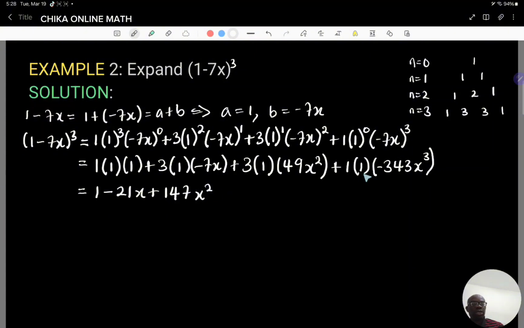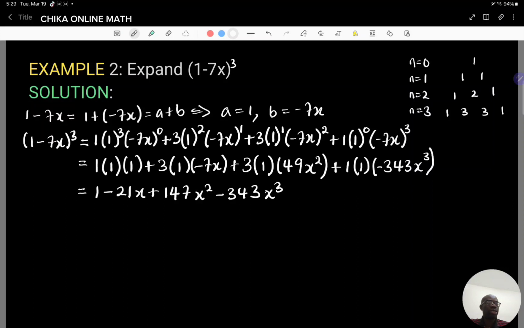Plus 1 times 1 is 1, and 1 times minus 343 is minus 343. So we have minus 343 here, then x raised to the power 3. Okay, so this is the solution to the second example.